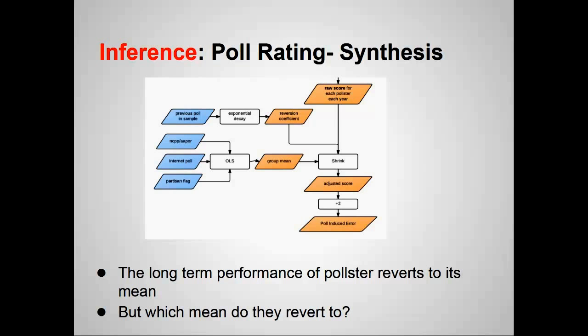So basically, you have shrinkage, or reverting to the mean problem. So he tries to capture this process in this step. Basically you want to shrink the score to some mean. So the problem being, which mean do you revert to?